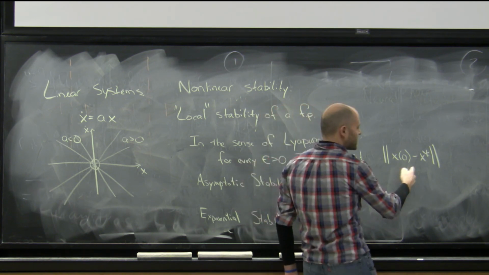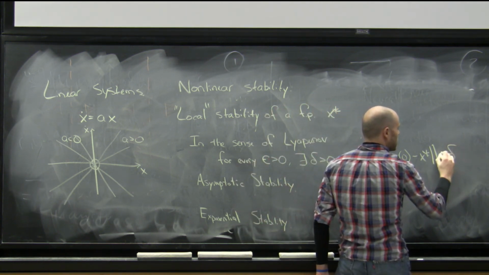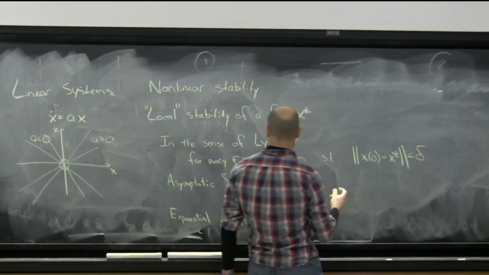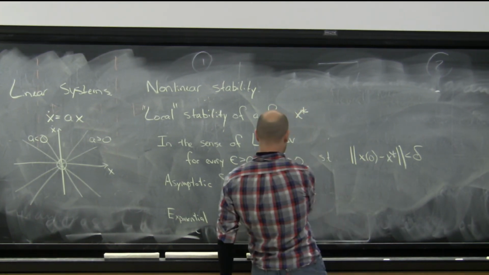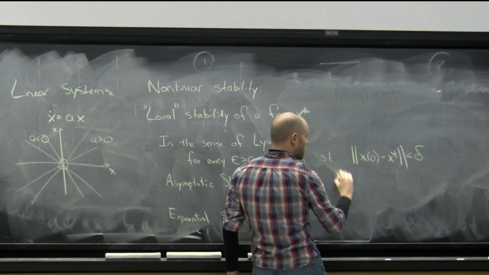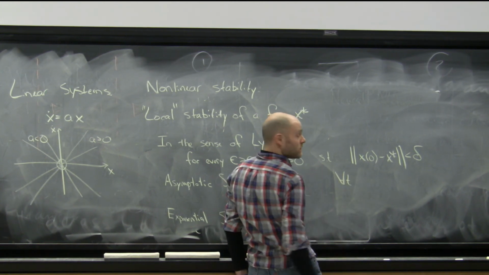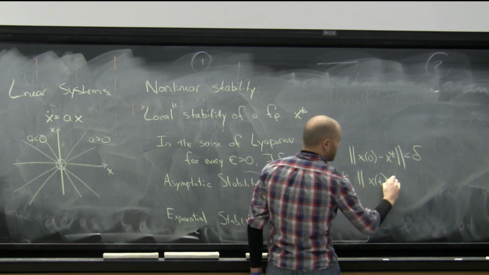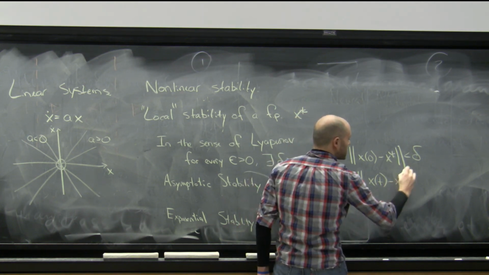If this starts as a small number delta, then for all time, I will always be close to that. My distance stays small.